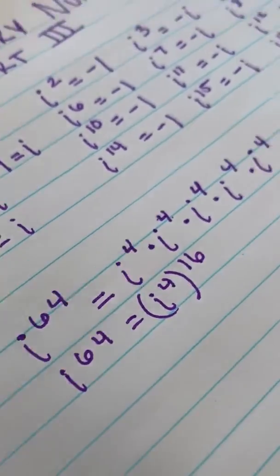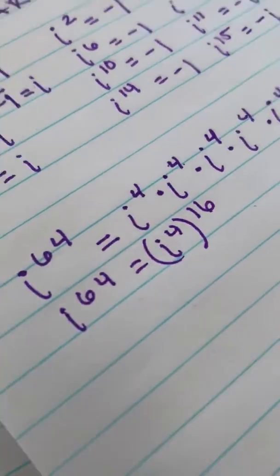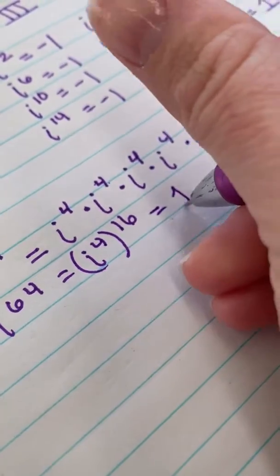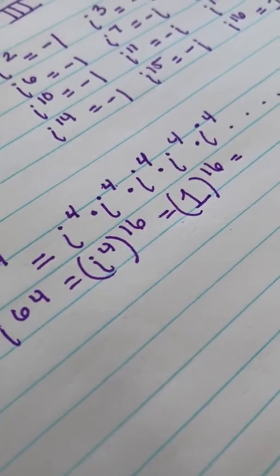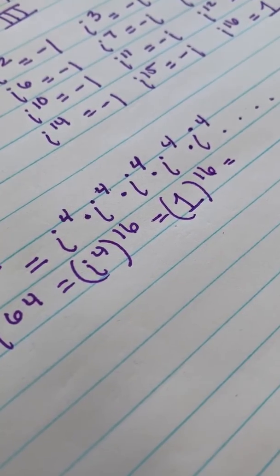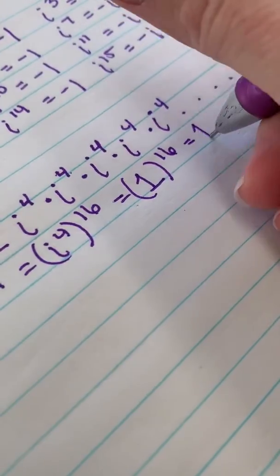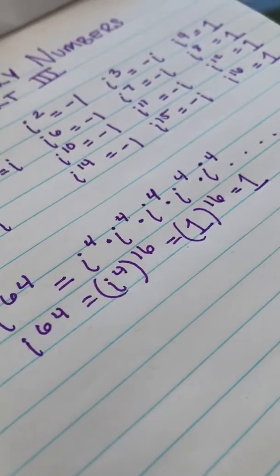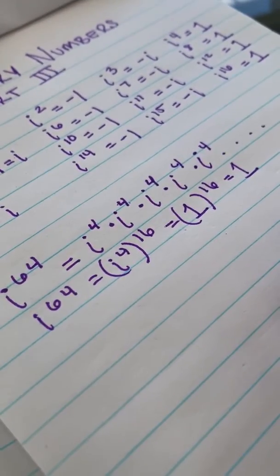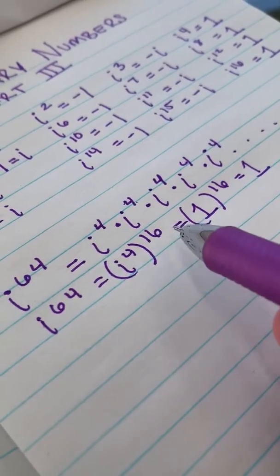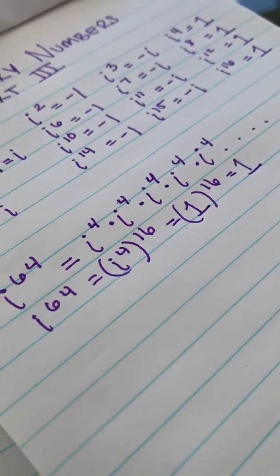So i to the 4th power, remember, is 1. So we could write this as 1 to the power of 16. Well, 1 to any power, 1 times itself however many times, is still just going to be 1. So if it's a multiple of 4, your answer will be 1. Because 4 times 16 is 64, your answer is 1.